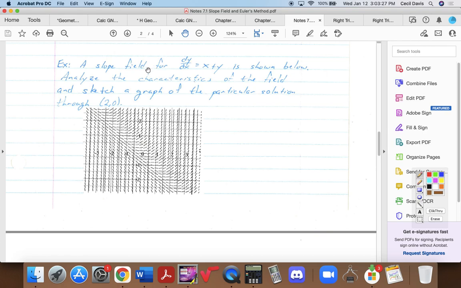Okay? And it says graph the particular solution through the point (2, 0). I know it's really hard to see this axis, but it's right here: (2, 0). So from that point, as I move to the right, I want to kind of follow these slopes. And they're getting steeper and steeper.